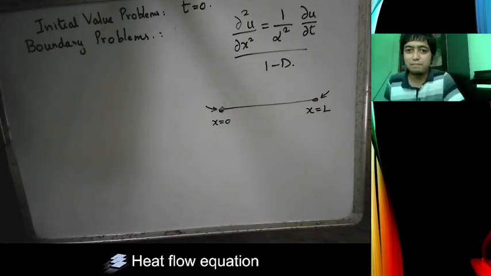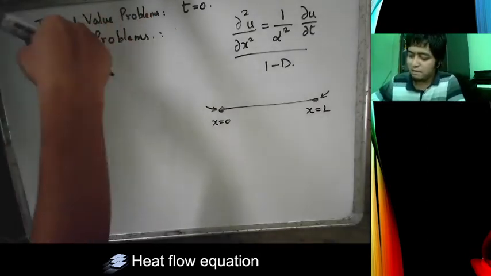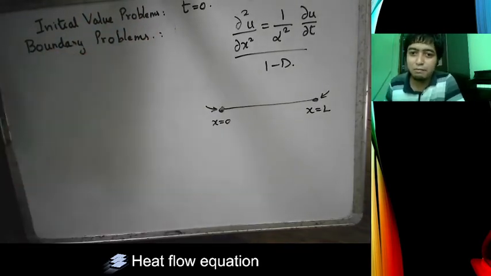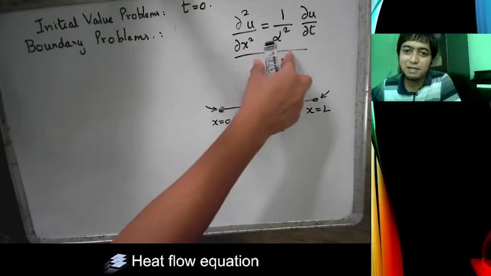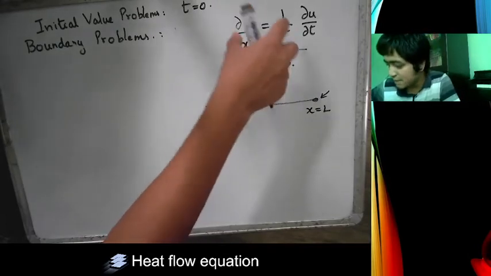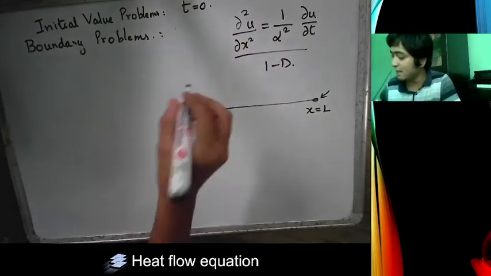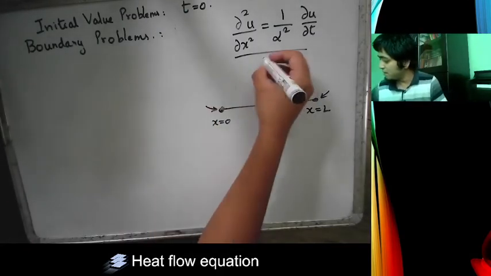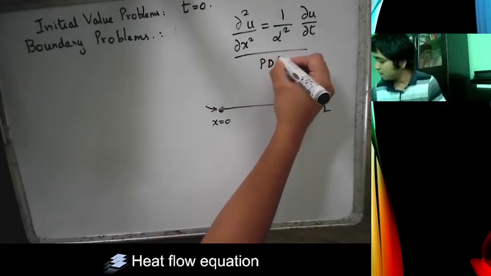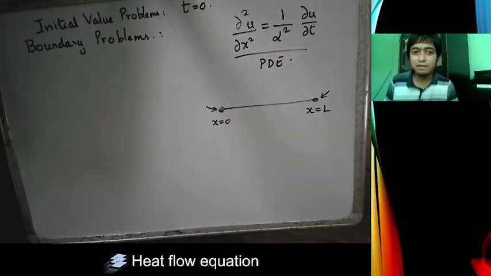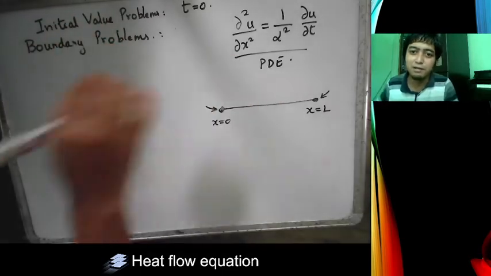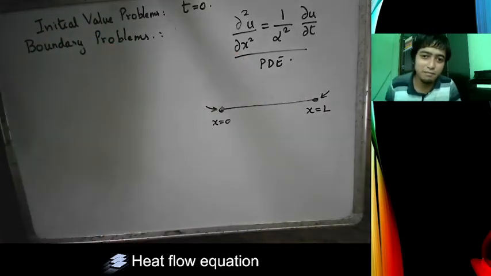But first, initial value problems and boundary problems are very important when we are studying partial differential equations, because as you see, this equation is nothing but a partial differential equation. So boundary problems and initial value problems are important when we are studying PDEs.